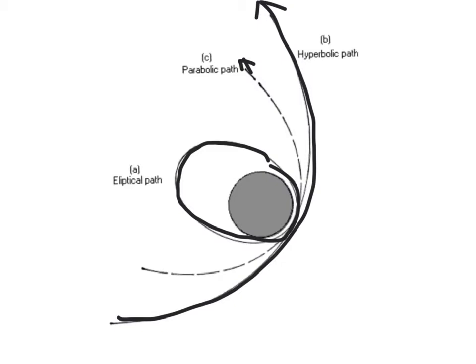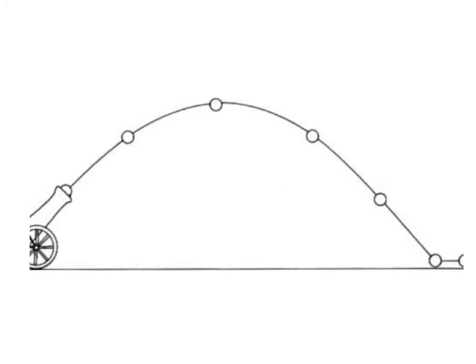But what's much more common is that you have parabolic trajectories on Earth. Let's take a look at what we mean. All falling objects happen parabolically. This one's really easy to see. If I shot a cannon, the path of the cannonball would form this parabola.